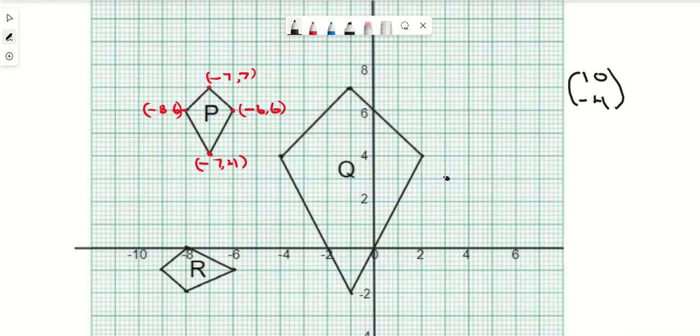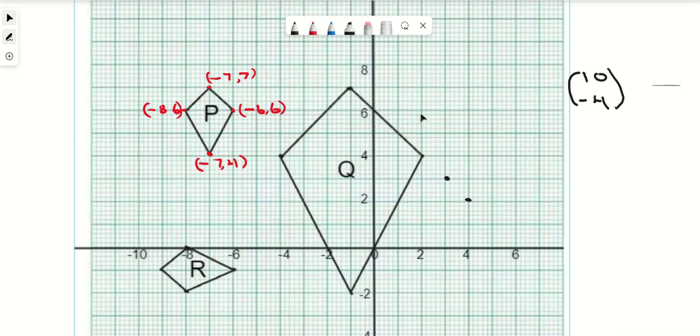And then we do that for the other 3. We're going to start at -6, 6. So it's 1, 2, 3, 4, 5, 6, 7, 8, 9, 10. And then we're going down 1, 2, 3, 4. So my next one is going to go right here. Then we're going to look at -8, 6. 1, 2, 3, 4, 5, 6, 7, 8, 9, 10.